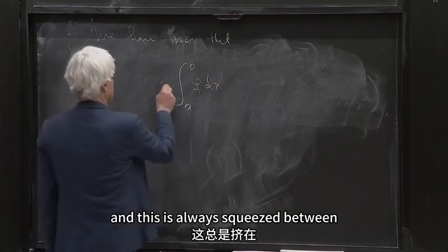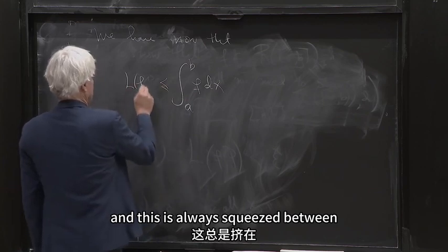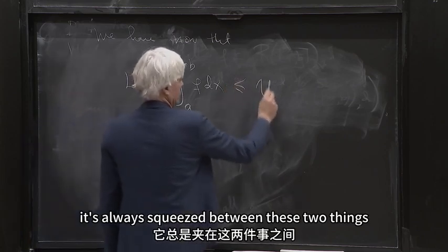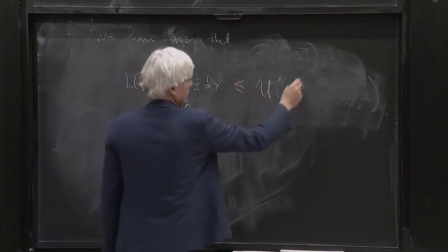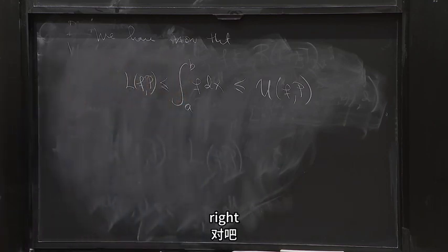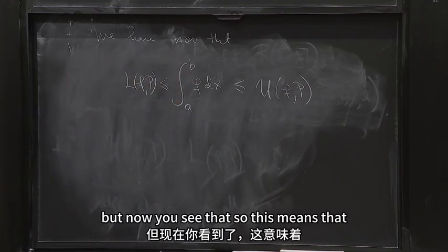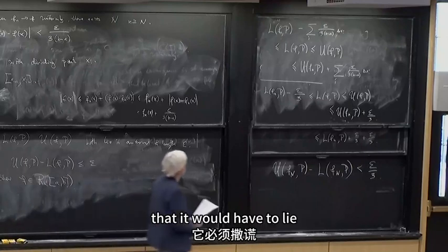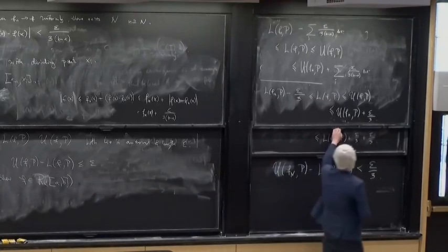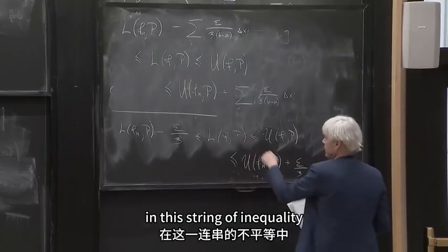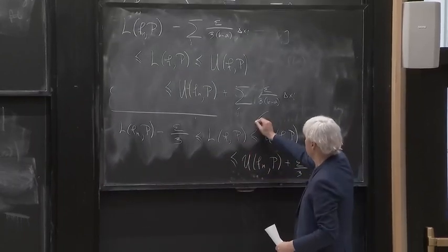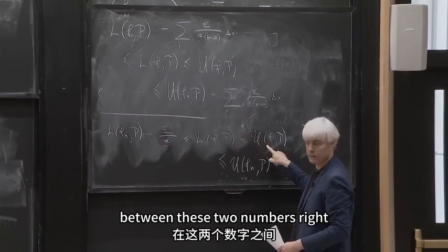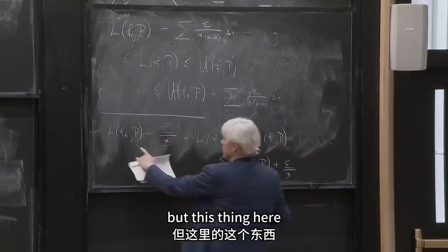And this is always squeezed between, for any partition, it's always squeezed between these two things, right? But now you see that this means that it would have to lie in this string of inequality. It would have to lie here between these two numbers, right?